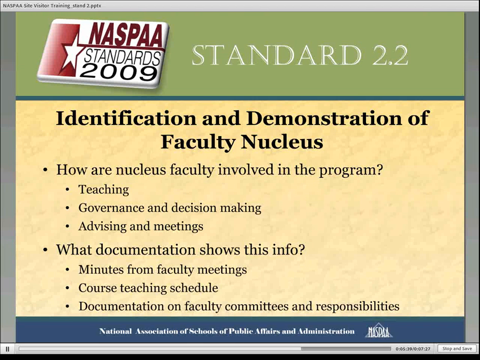Identifying and demonstrating the faculty nucleus, there are a number of ways that this could be identified. First is how the faculty are involved in a program, and then also how they demonstrate that. With regard to faculty involvement and determining faculty nucleus, it is whether or not they're teaching in the program, whether or not they're involved in governance and decision making with regard to the program, and whether or not they're involved in advising and meetings of the program.